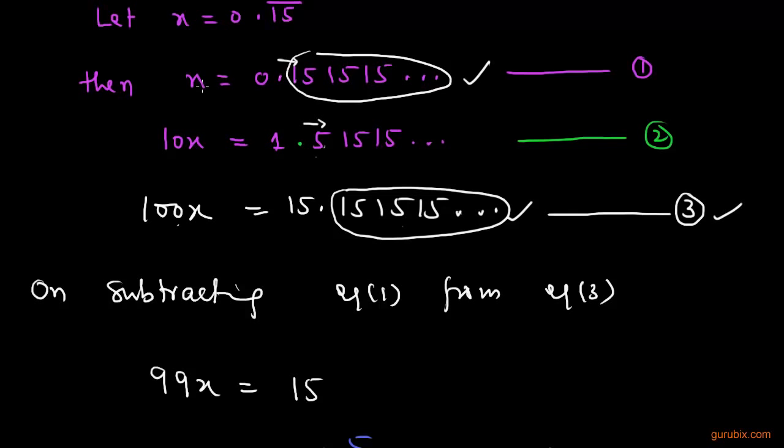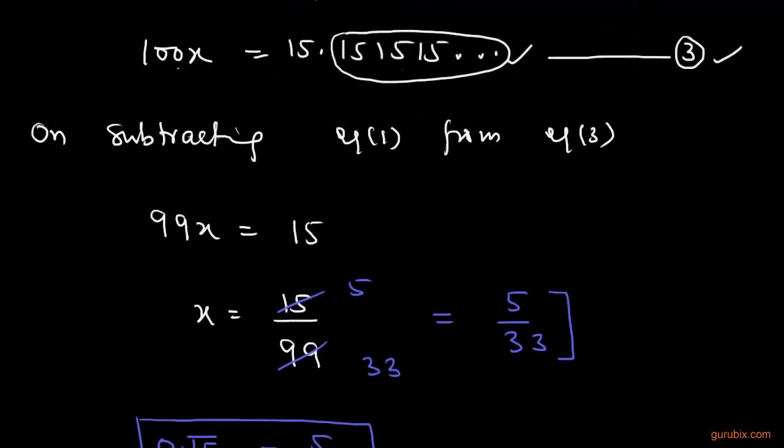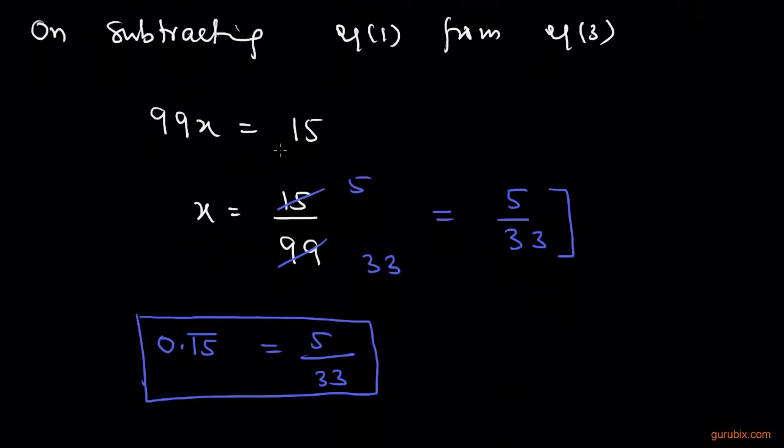If we subtract x from 100x, we get 99x, and if we subtract 0 from 15, we get 15. So 99x is equal to 15, therefore x is equal to 5 over 33. Therefore 0.15 bar is equal to 5 over 33.